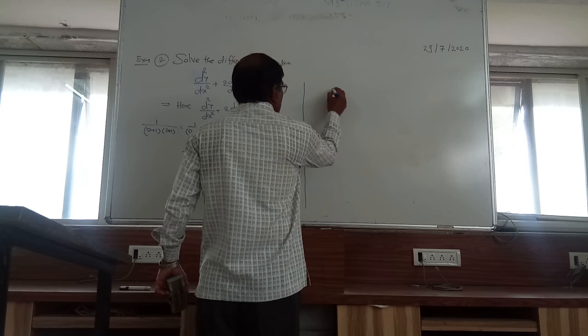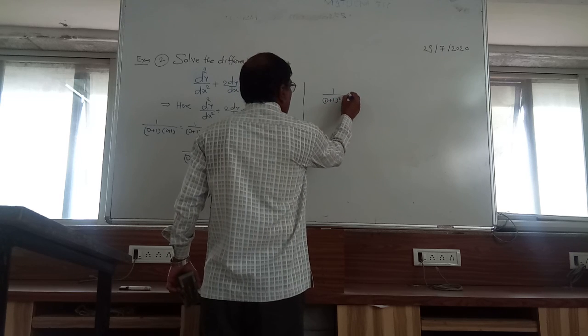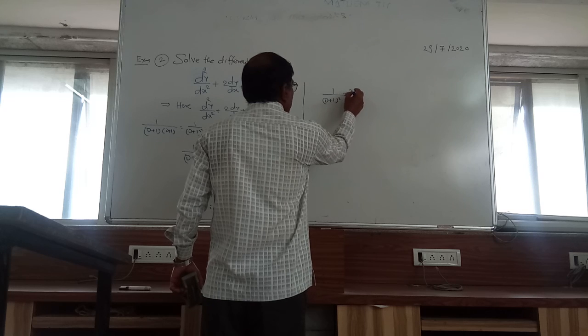So where the factor is 1 upon d plus 1 bracket square, 2 into e raised to 2x is operating here.